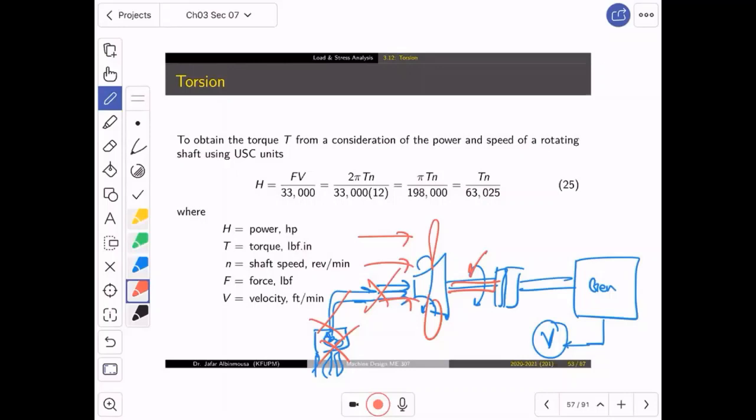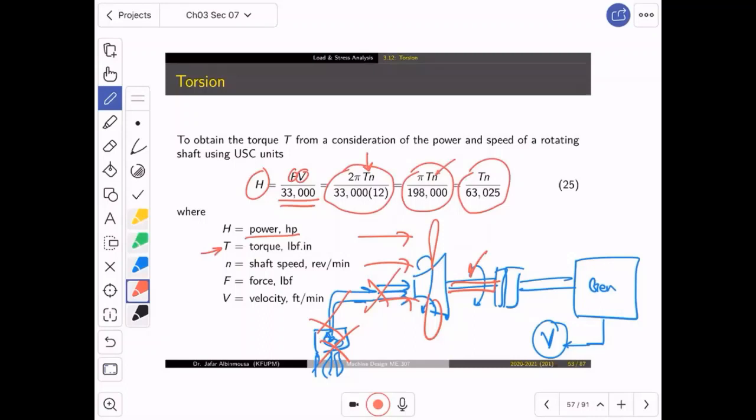So H, which is the power in horsepower, is related to the force by velocity divided by a factor of 33,000. This is the same as this, expressed in terms of different parameters. For example, this is the torque in pound inch, and N is the RPM, revolutions per minute.